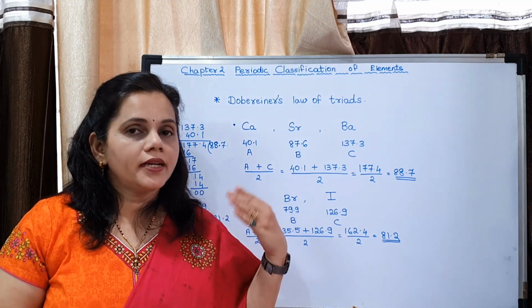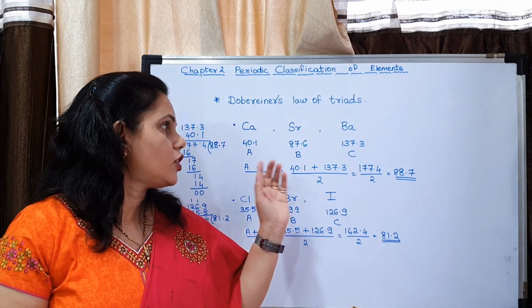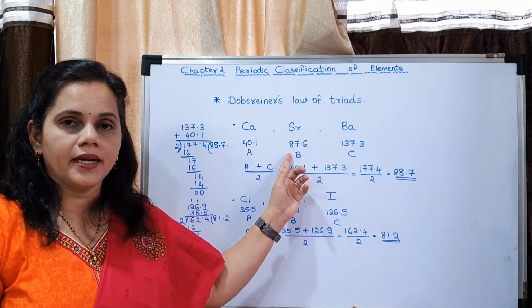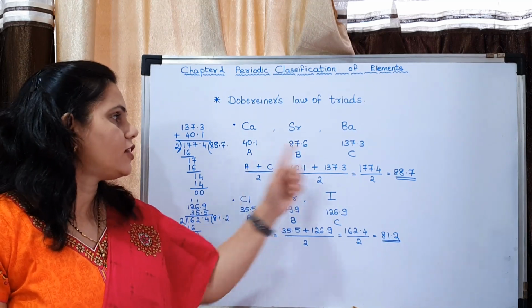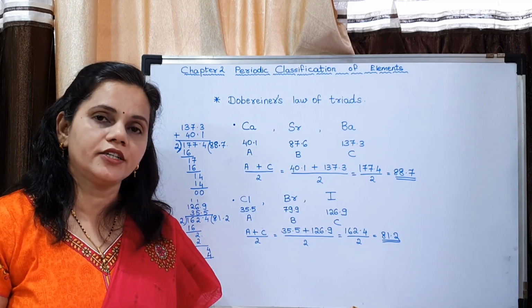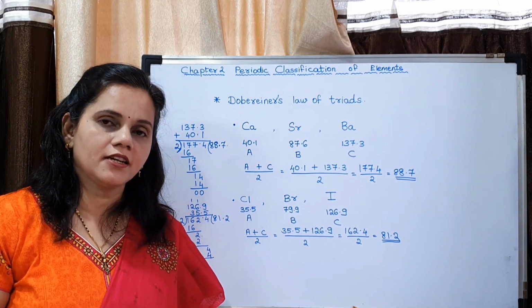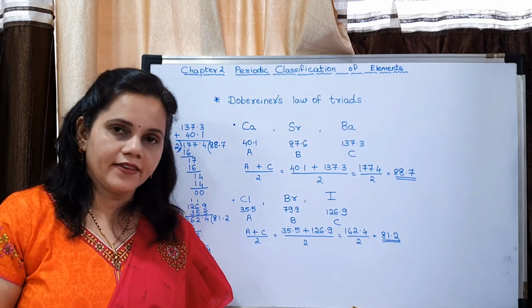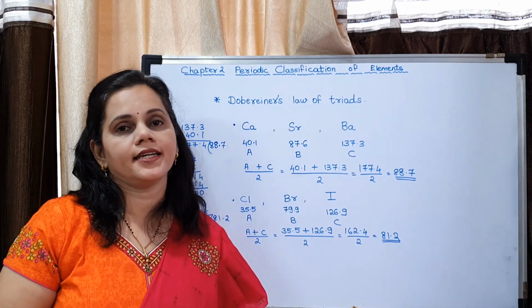Now, Dobereiner's law of triads states that the atomic mass of the middle element is the arithmetic mean of the atomic masses of the other 2 elements. Hope you have understood. This is a very important 2-mark question, which is very frequently asked.